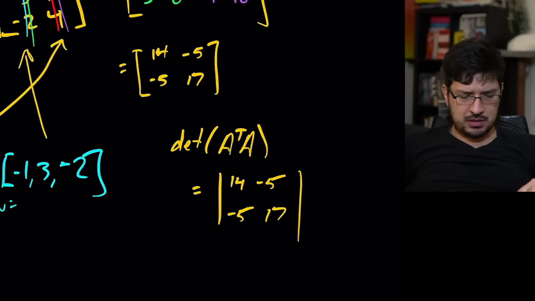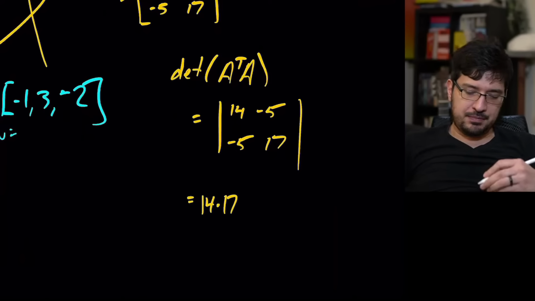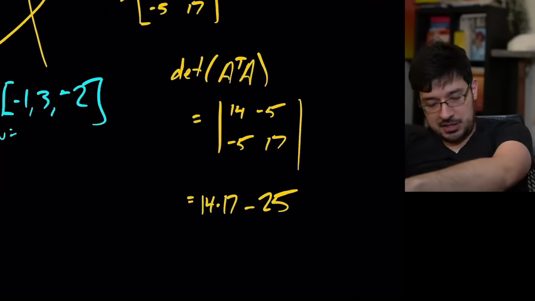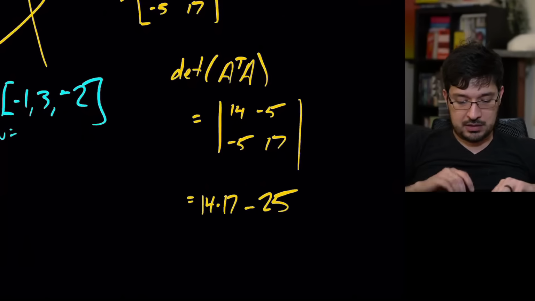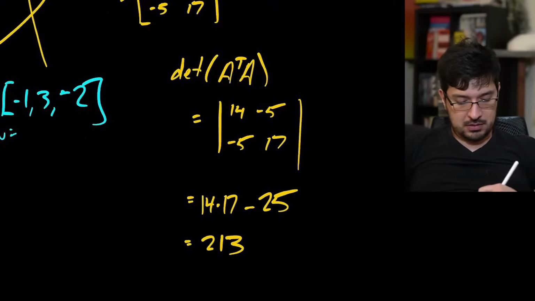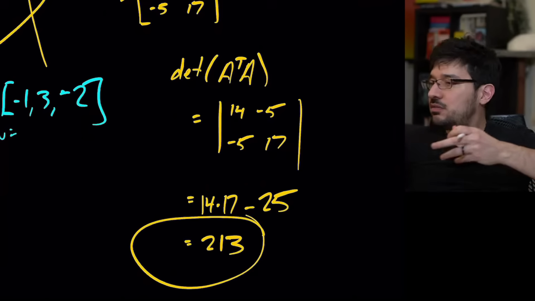I think I got that right. 14 times 17 minus 25. I'm going to ask ChatGPT on this one because I have to go in a second. 14 times 17 minus 25 is 213. Let's see if that's what the back of the book says.